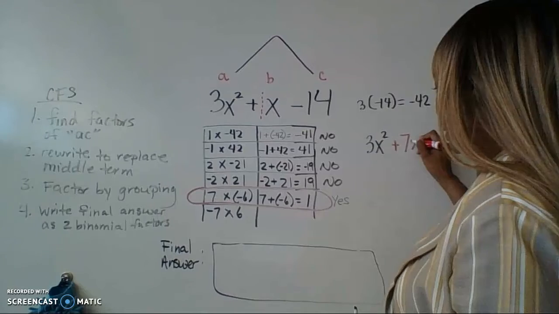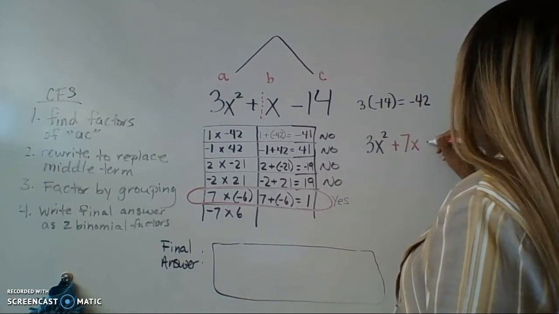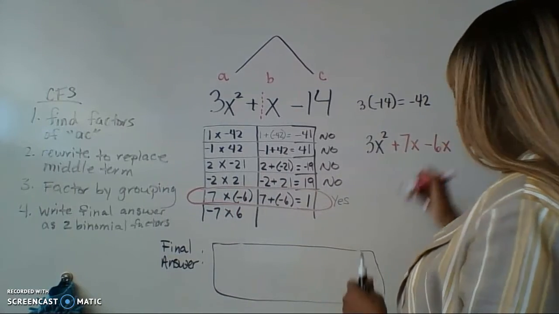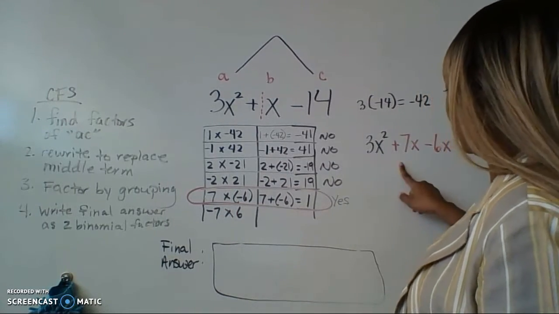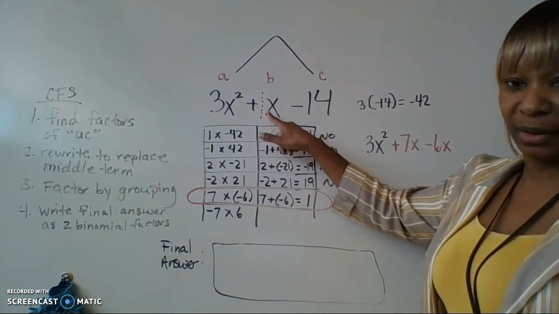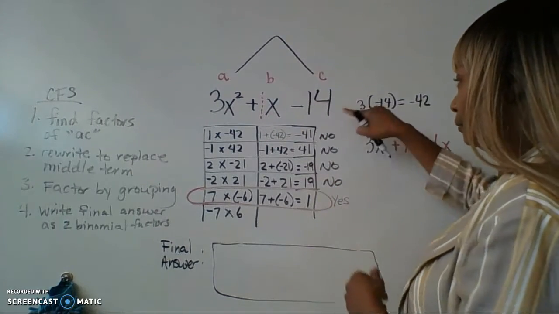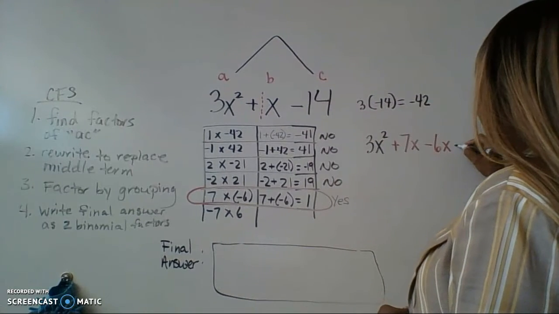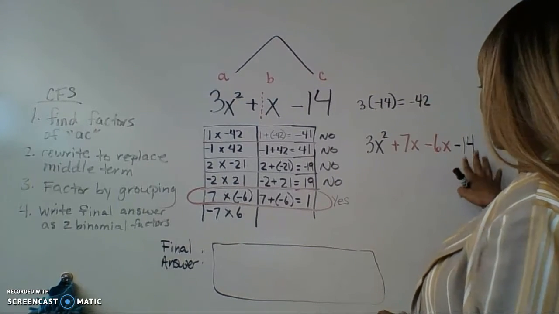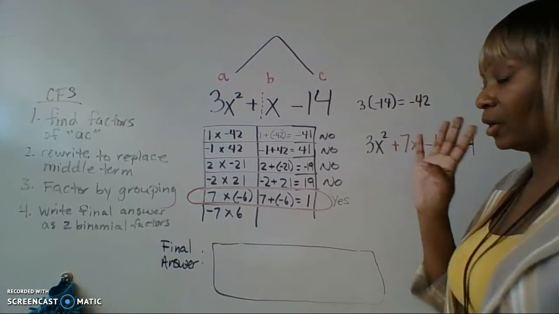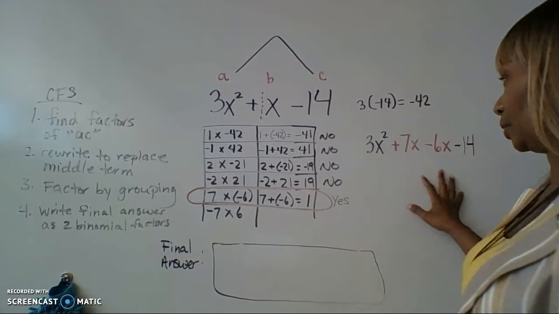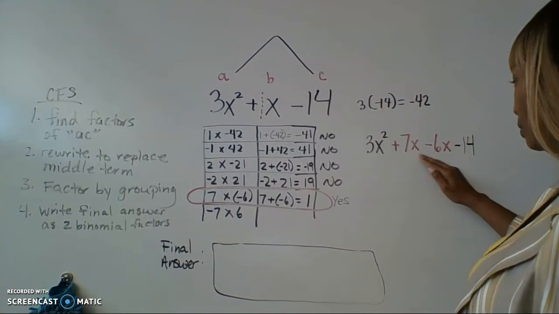Plus 7x, because it's positive, and a negative 6x. This positive 7x minus 6x does give me back my middle term of positive 1x. And I'm going to rewrite my C from the original expression, which was negative 14. Now I have an expression with 4 terms: 1, 2, 3, and 4.